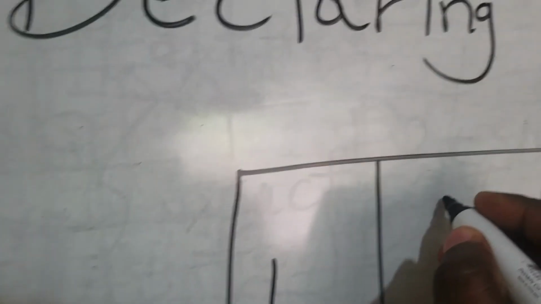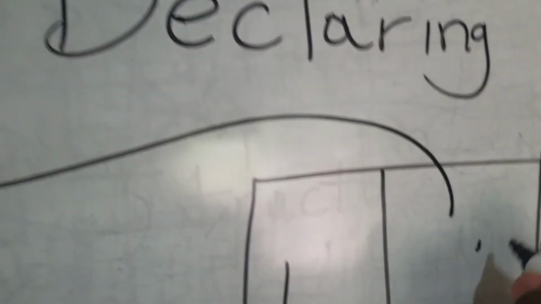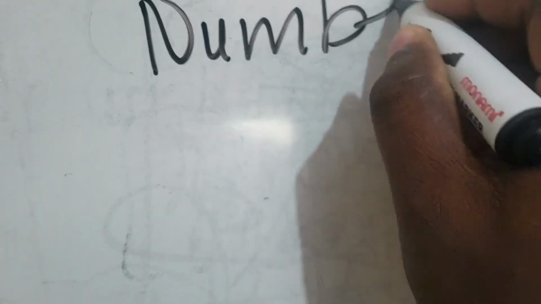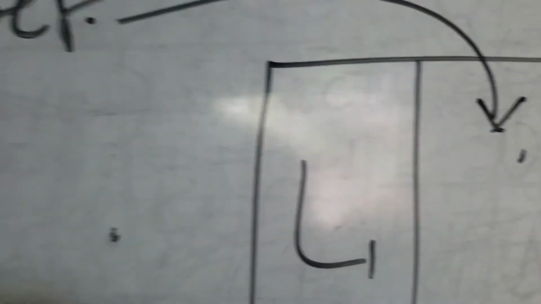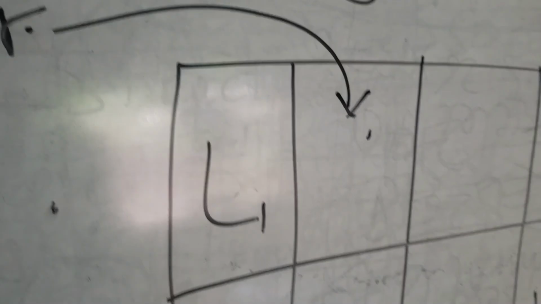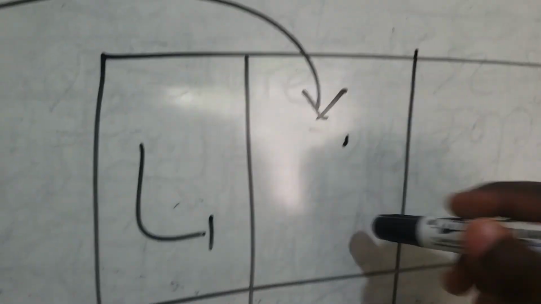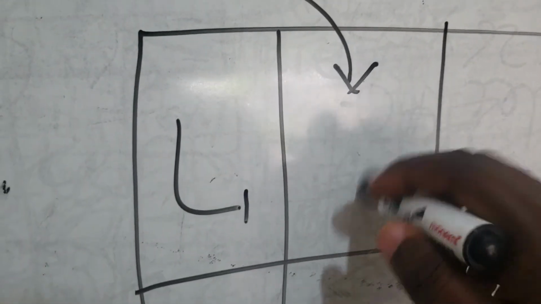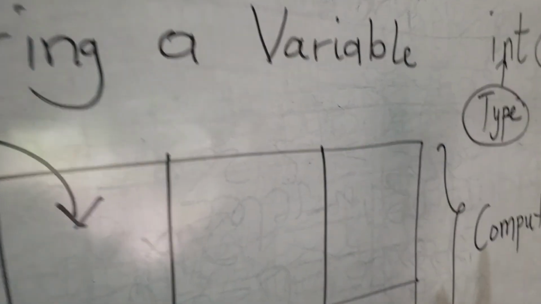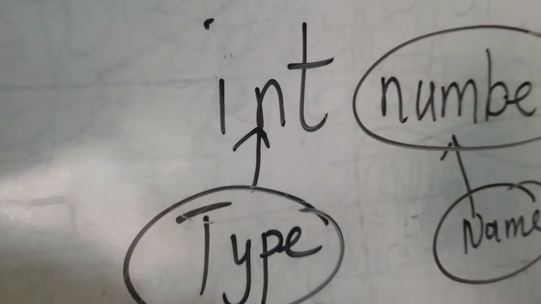It uses that memory location as the location to hold that type of variable you have declared. So it gives it the name number. So this location belongs to the variable number. You understand? But there are no values yet. So to store values, you will have to initialize the variable that you have created. And that is what we're going to talk about in the next section.